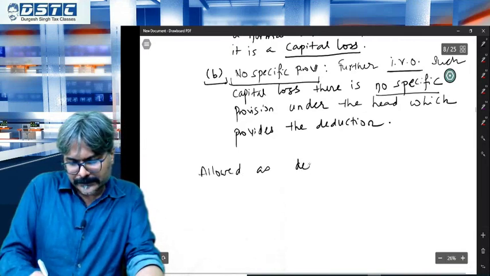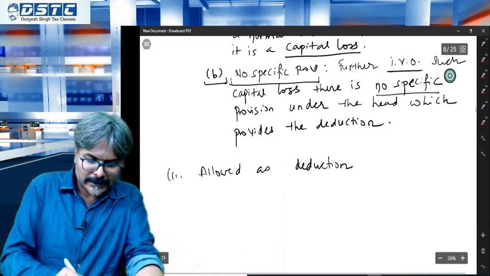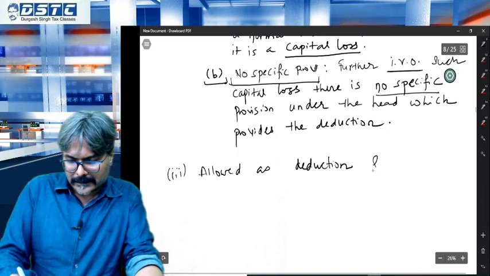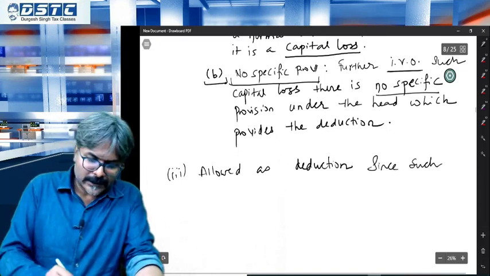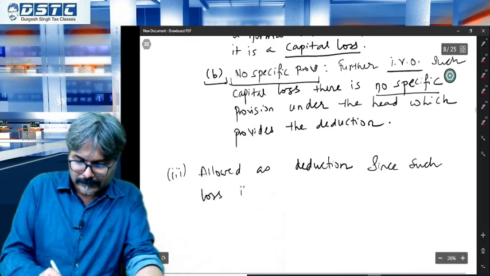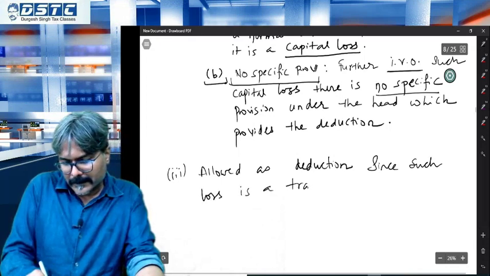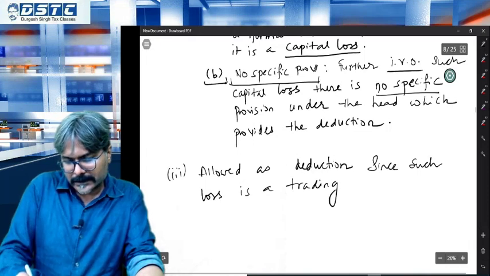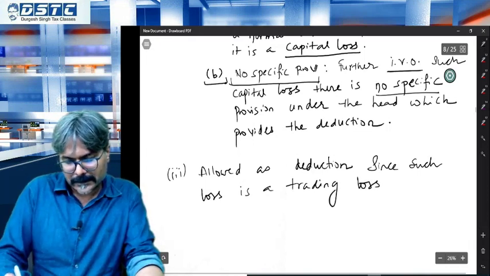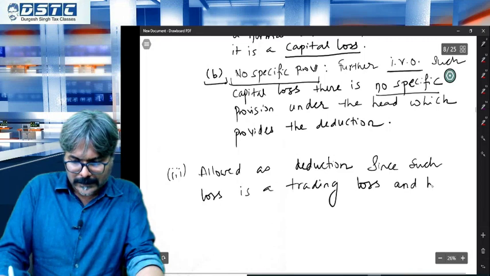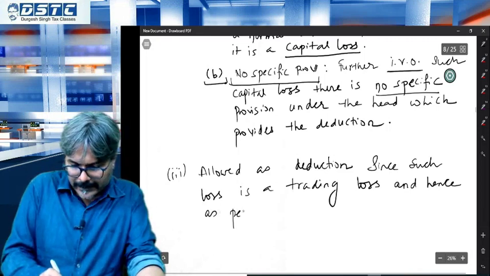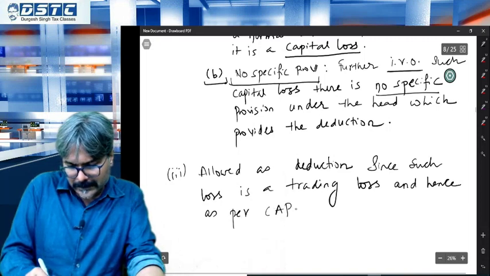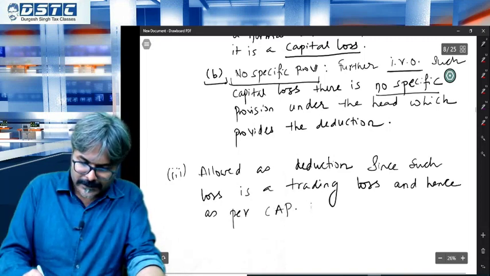Allowed as deduction. The third one: since such loss is a trading loss and hence allowed as per commercial accounting principle.